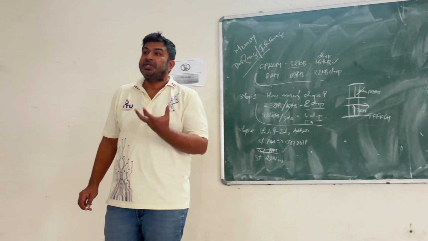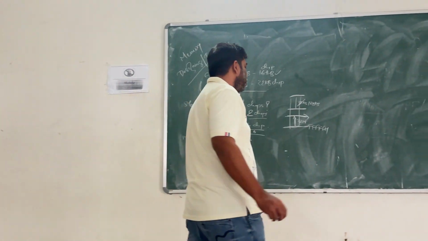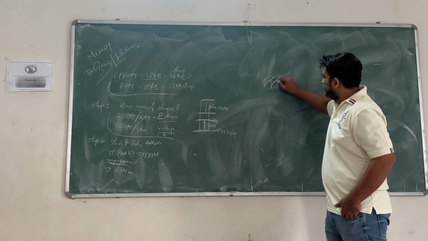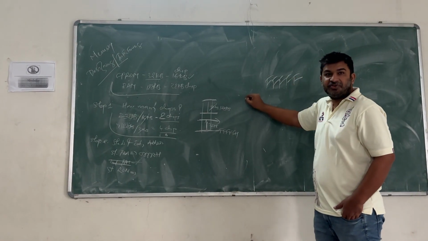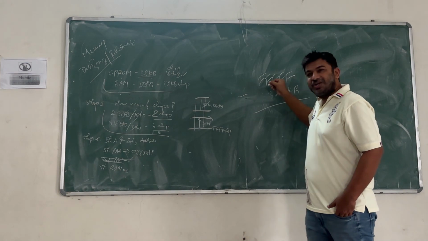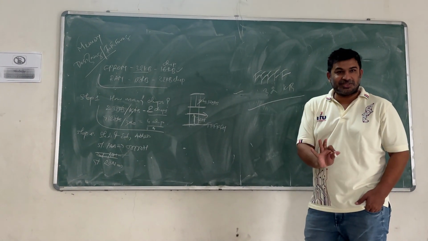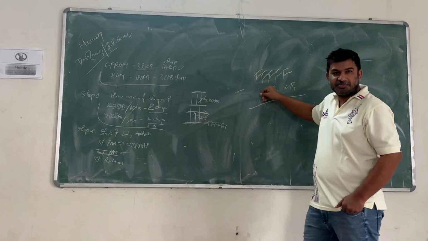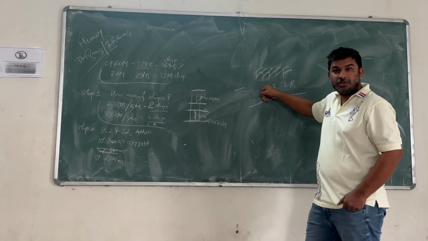To get the starting address of ROM, I need to subtract 32 KB from F. But I can't subtract 32 KB directly, I need a number which represents 32 KB.